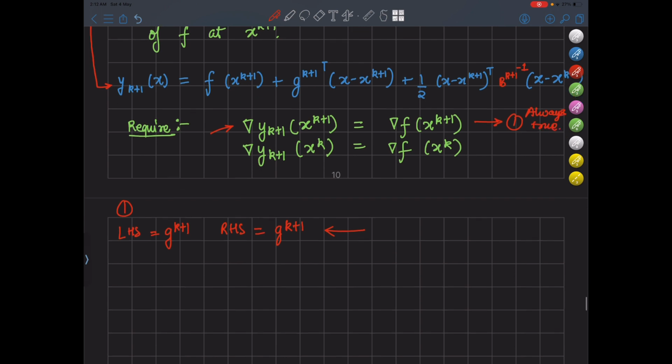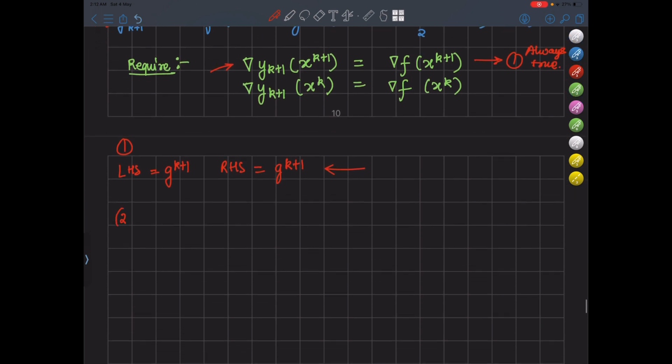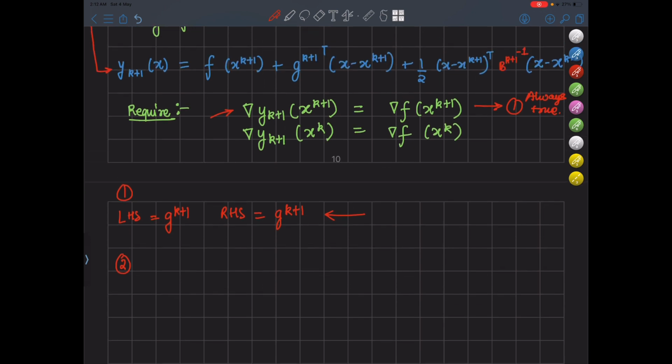Let's look at the second condition. What will be the gradient of the approximation at xk? It will be gk plus 1 plus bk plus 1 whole inverse times x minus xk plus 1, and in place of x you put xk.